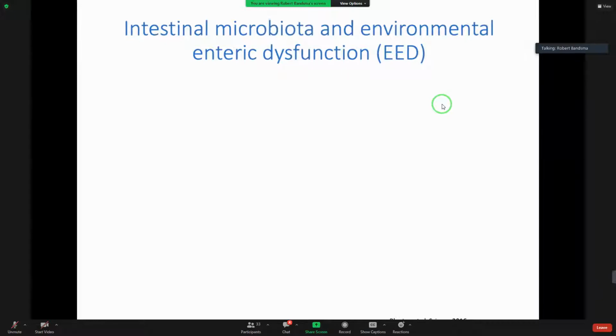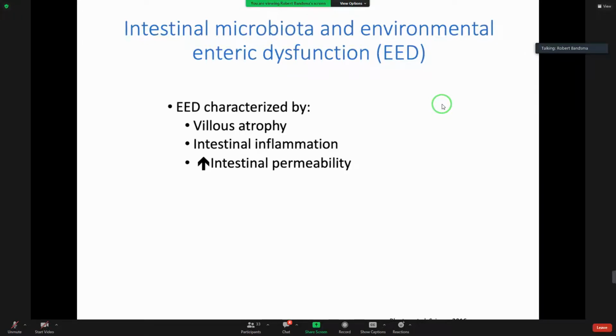So I put this up in an earlier slide, this environmental enteric dysfunction or environmental enteropathy. That's a concept of gut health being affected by being malnourished or having a change in the microbiome. Environmental enteric dysfunction is characterized by villus atrophy, intestinal inflammation, or increased intestinal permeability.